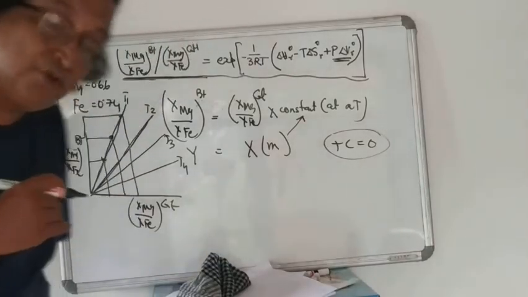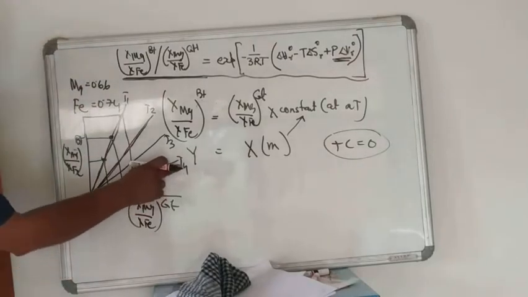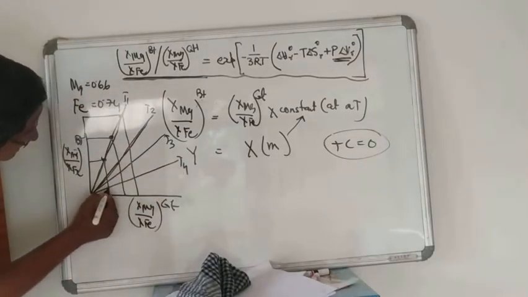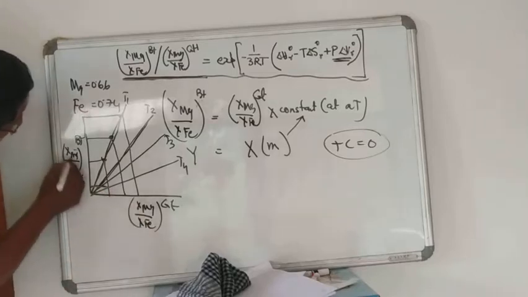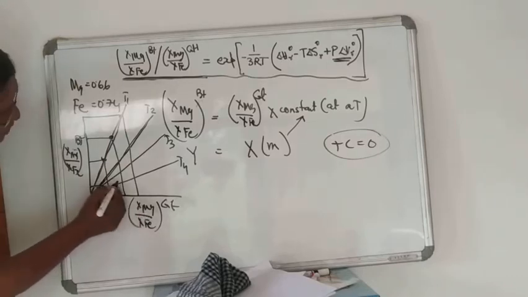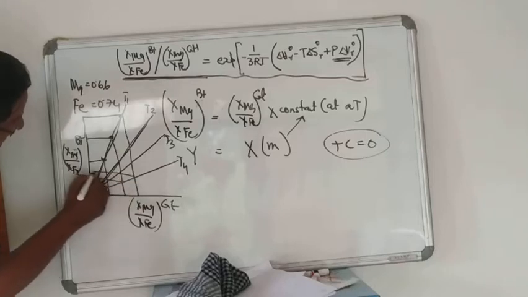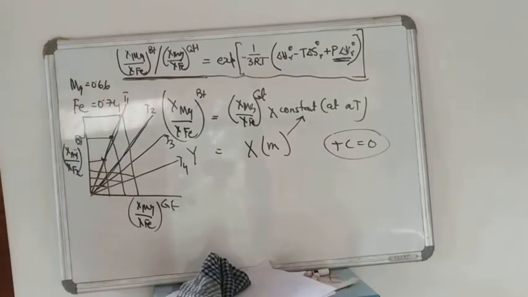Have you understood? But if the temperature was T4, then for the same composition of MgFe biotite, this should be MgFe biotite for the same set. Have you understood? So for this point, this will be the set. For this point, this will be the set. Have you understood it?